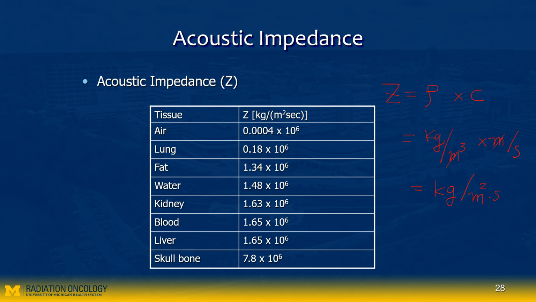You want to notice that air has very, very low acoustic impedance compared to high-density material. So with low density, you can imagine the density plays a big role in acoustic impedance. Air has very low acoustic impedance, and highly dense material will have higher acoustic impedance.